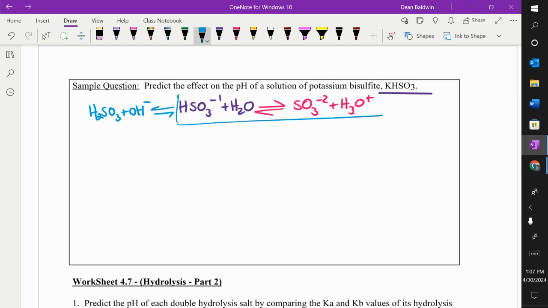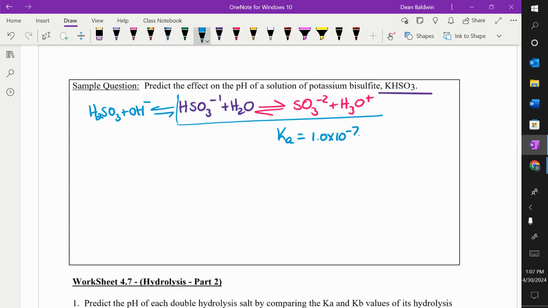There's the acid. All right. We want the Ka. What's the Ka for HSO3 minus 1? Yeah. 1.0 times 10 to the minus 7.